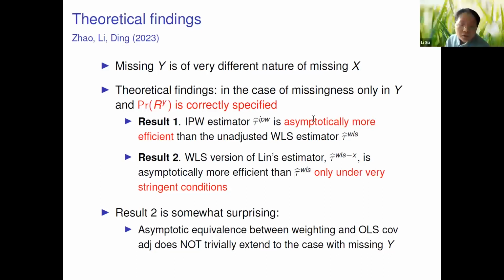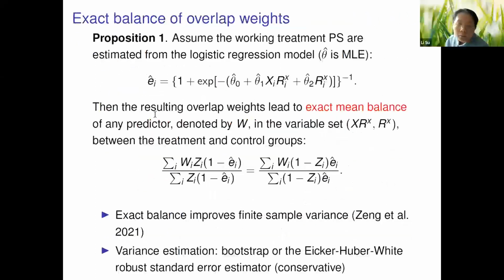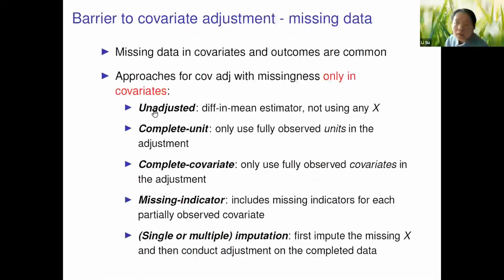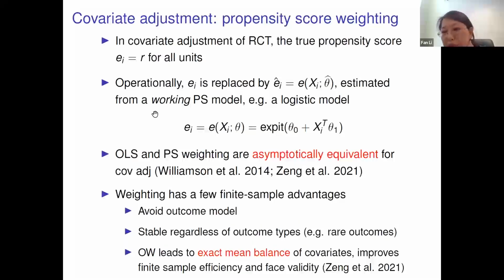I'm also very interested in your work on overlap weighting. My question is, for overlap weights, I think it implicitly redefines the study population. But it's not a problem here.